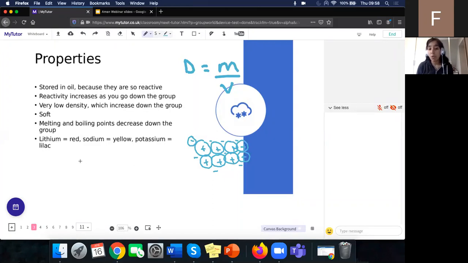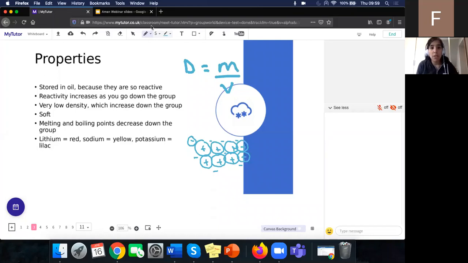And the reason they're soft is because each positive ion only gives 1 electron, so there's not much electrostatic attractive force between that 1 electron and the nucleus, and that's why they are soft. And it actually happens that they become softer as you go down the group. So if you try and cut lithium, which is at the top, it's a little bit harder, whereas if you try and cut sodium or potassium, it's a lot easier, and that's purely because the melting and boiling points are decreasing, so it becomes easier to break it up.